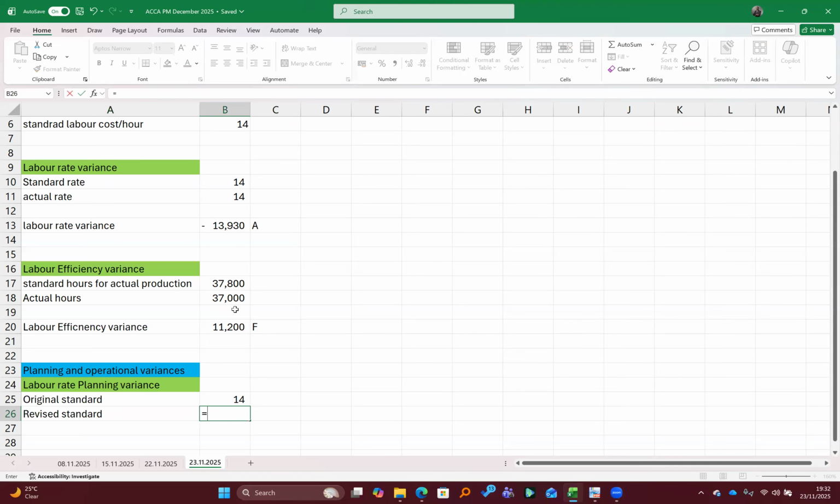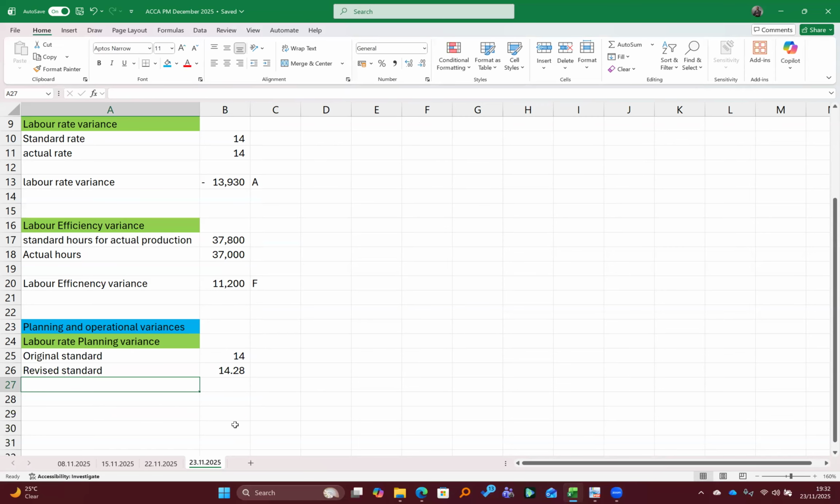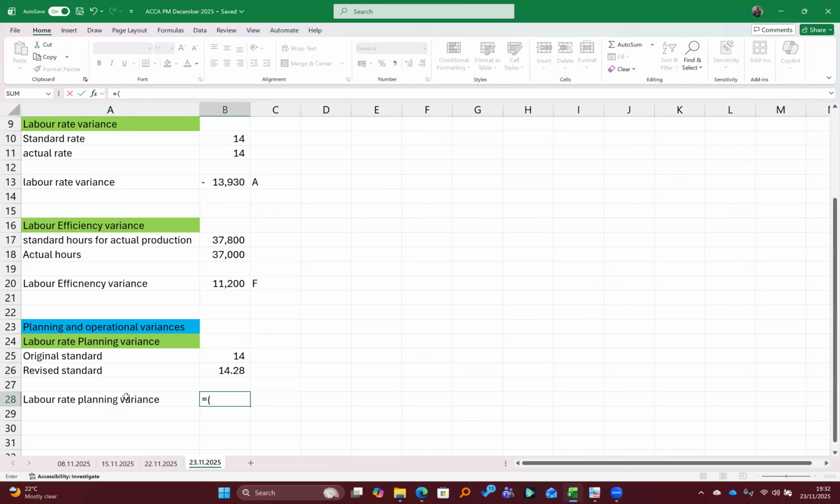So the revised ought to have been this one, multiplied by 1.02 to increase it by 2%. So it should have been 14.28. And therefore, because the revision increased the rate, the labor rate planning variance is this 14 minus the 14.28.